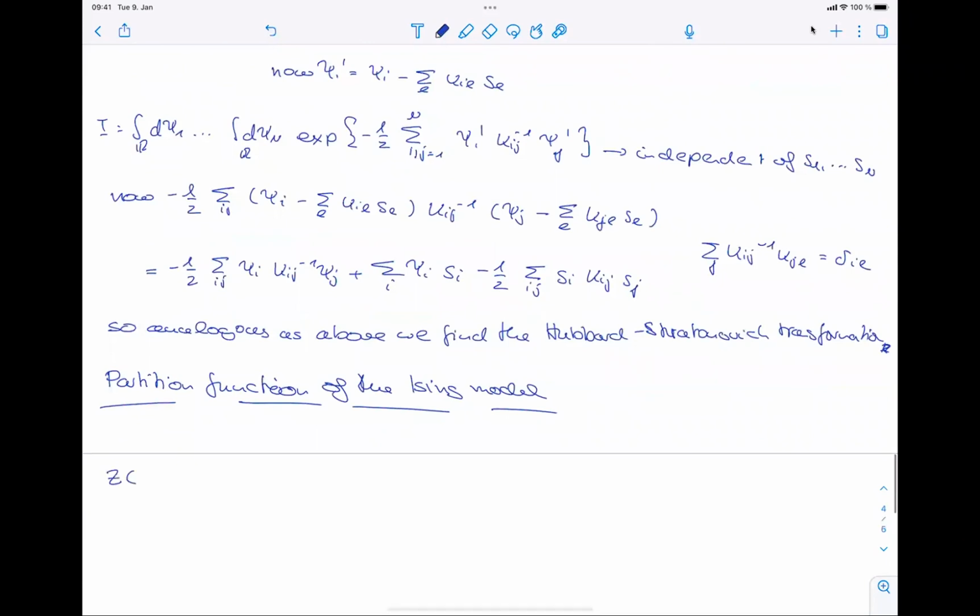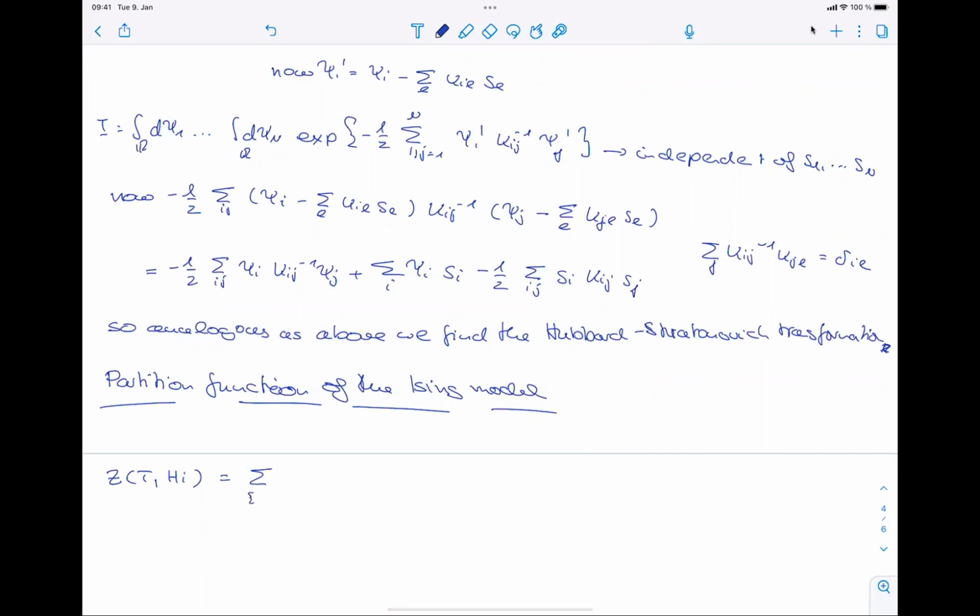So what we have is that the, sorry, it's a comma. And again, I'm making this ansatz, starting with the most general formulation, where my applied field could be different for individual spins.